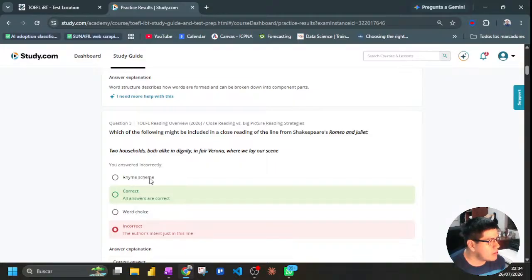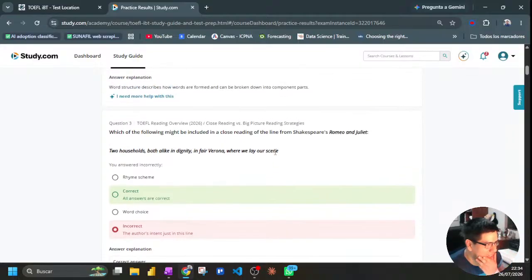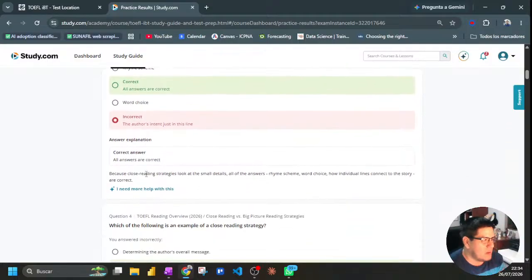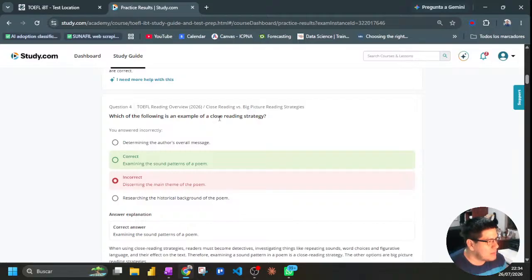Romeo and Juliet: both alike in dignity, in fair Verona, where we lay our scene. What is rhyme? Household, both alike in dignity, in fair Verona, where we lay our scene.